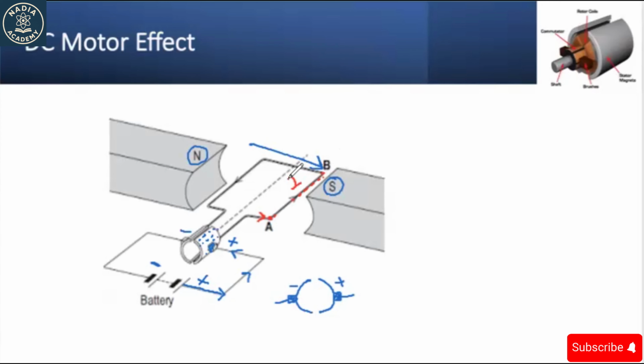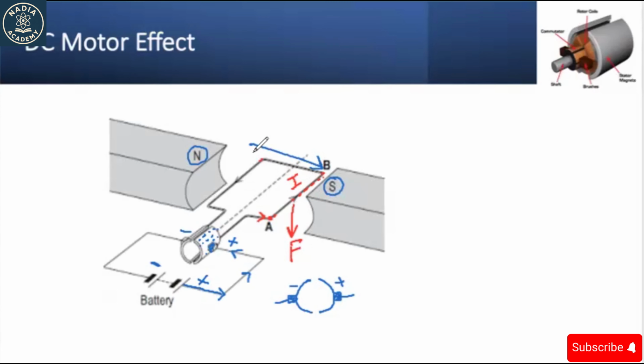You can use your left hand rule to understand the direction of the force of this uniform magnetic field on the right side of this rectangular coil. The first finger is towards right, the second finger towards the screen, and then you will find the thumb is downward. So on the right side of this coil, the force of the magnetic field is downwards.